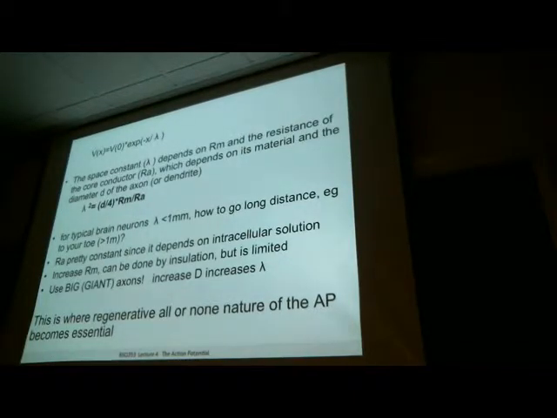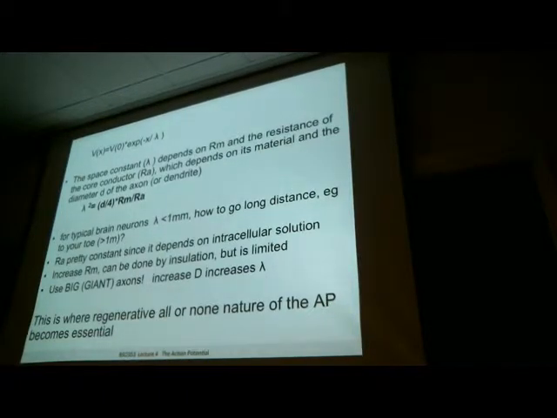Area is a square of the radius. Circumference is a linear function of the radius. So as you make something bigger, you change the area more than you change the circumference. Everybody remembers their geometry a little bit, maybe? So if you increase the diameter, or the radius, you can alter the space constant.